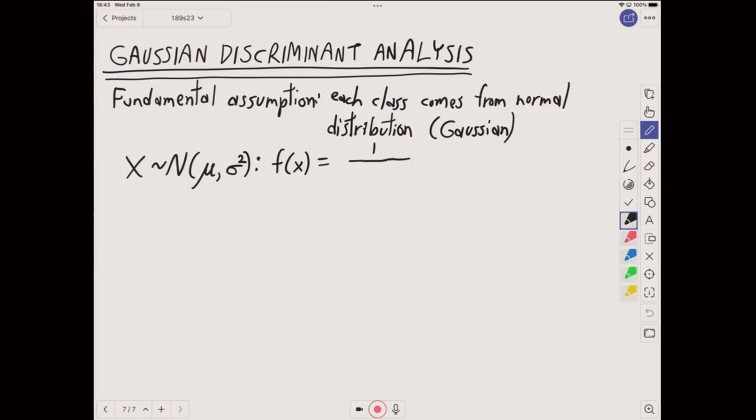By the way, hopefully in some previous statistics class, you've seen the univariate normal distribution and the multivariate normal distribution. The one on the right is sort of halfway in between. It's going to be multivariate, meaning that x is a vector, but the variance is going to be the same in every direction.